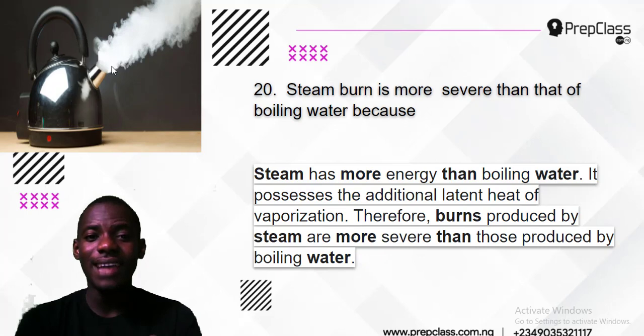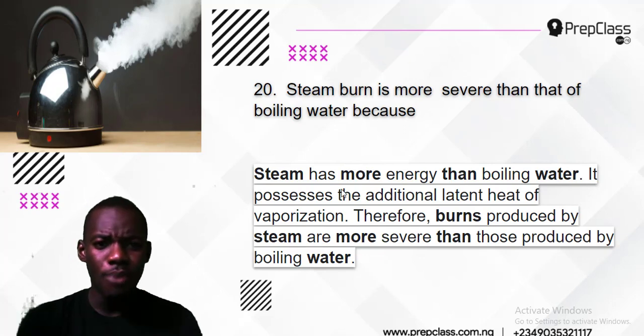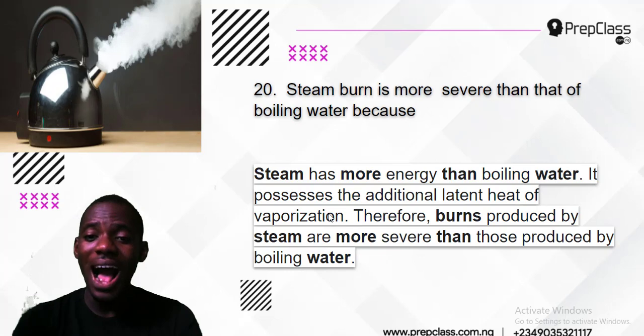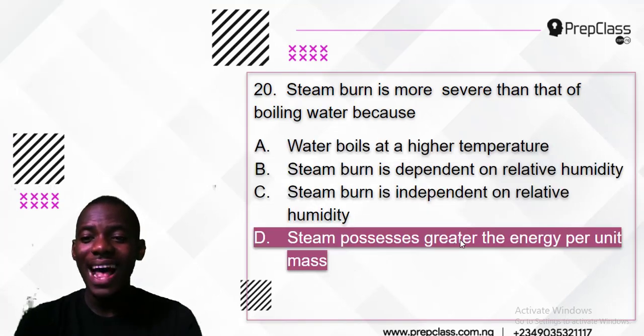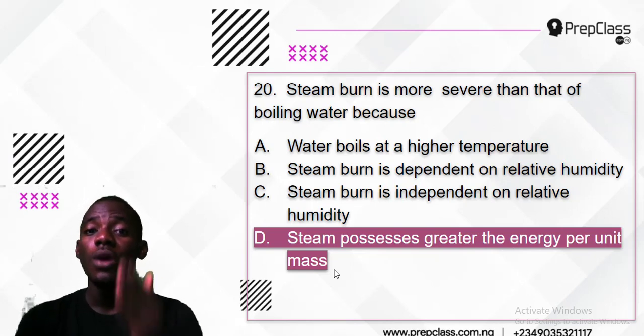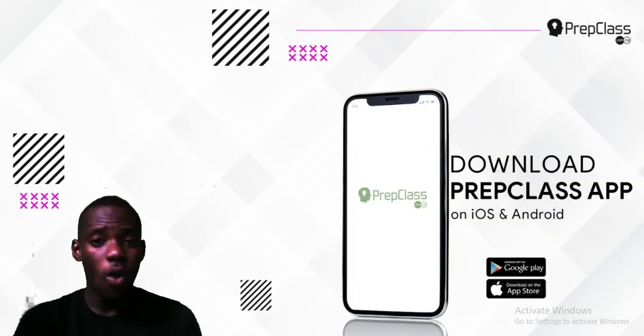So the answer is that steam possesses greater energy, which is the reason why steam burn is more severe than boiling water. And that brings us to the end of this series.